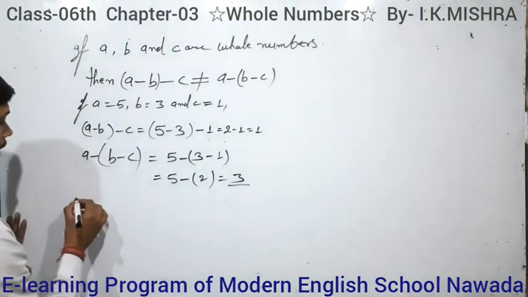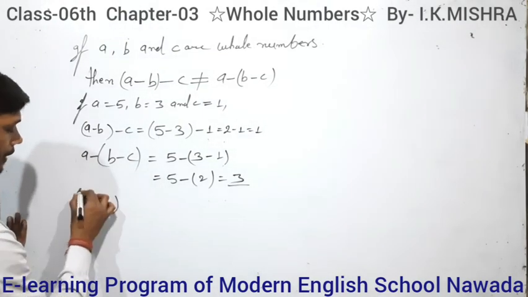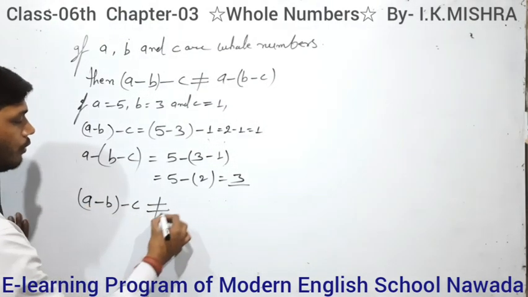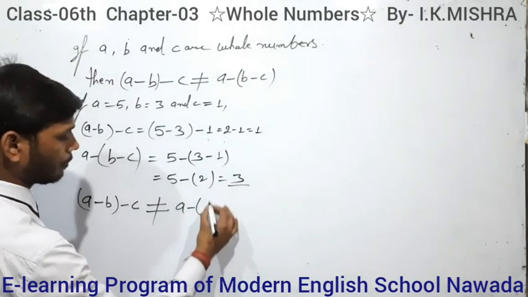Here observe that (A minus B) minus C is not equal to A minus (B minus C).